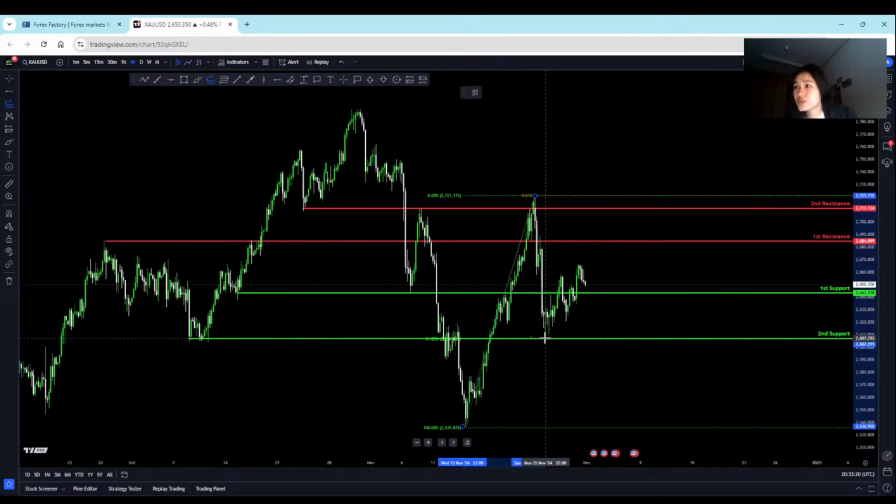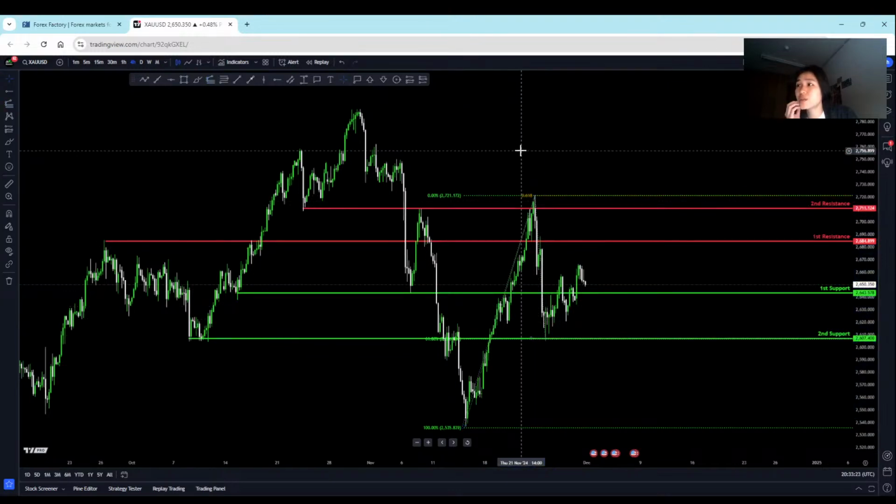Let's look at projections. You can see our 61.8 lining up nicely.